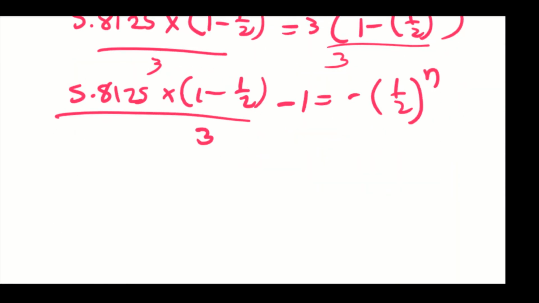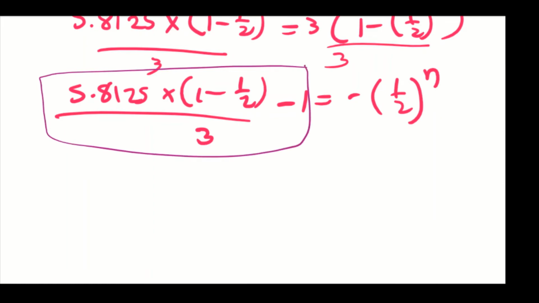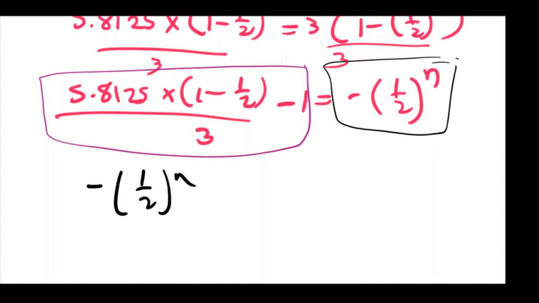So in this entire expression here, plug it in your calculator and you should get minus 1 over 32, right? So this negative goes away.